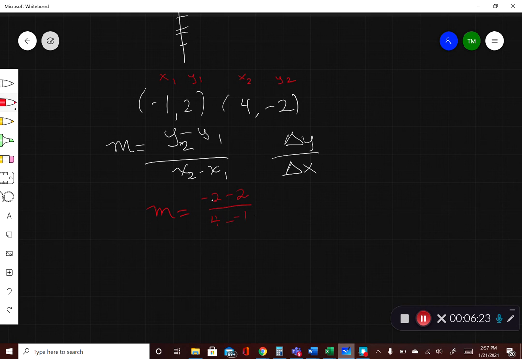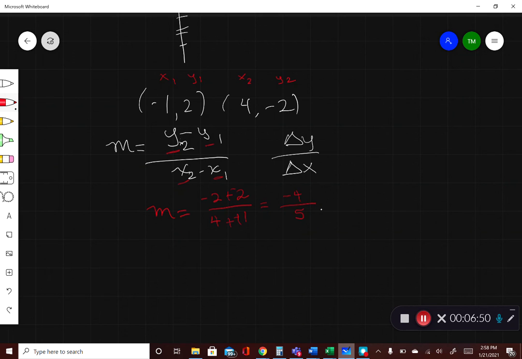Keep in mind that those first 2 terms, the x2 and the y2, should come from the same point, and the x1 and y1 should come from the same point. It's just a little checkpoint for you. And then we can subtract these by doing keep, change, change. So -2 plus -2 is -4. And then if we keep, change, change here, we get a 5. So our slope of that line is -4/5.